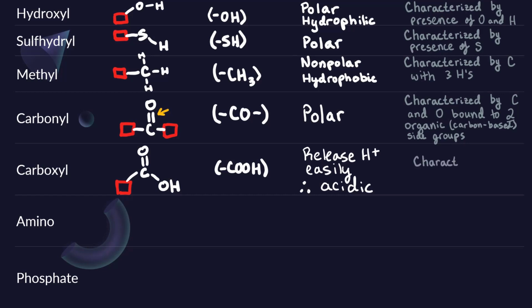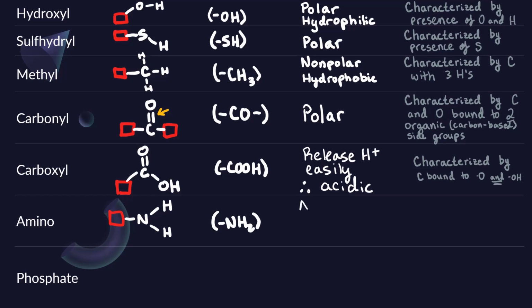So these guys are characterized by a central carbon bound to an oxygen and a hydroxyl group, or an OH group. Next, we have our amino group, which is our nitrogen with 2 hydrogens. Now, conversely, amino groups accept protons very easily and can form NH3 from that, okay?